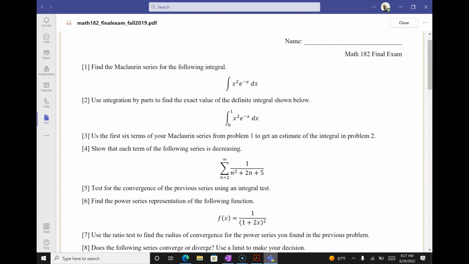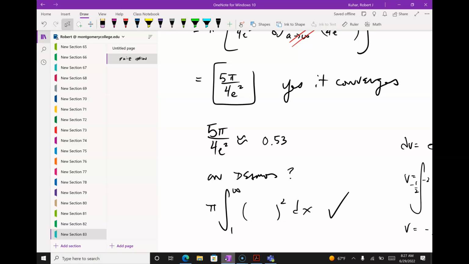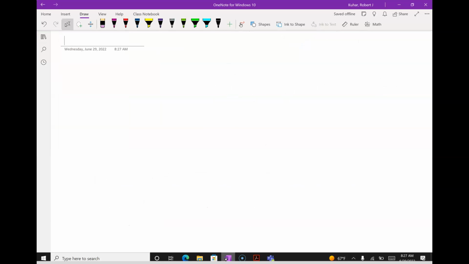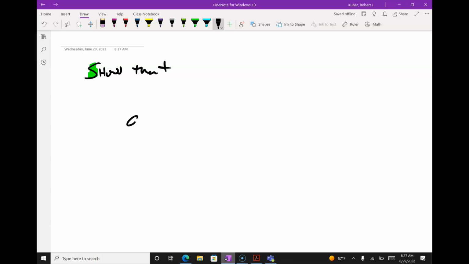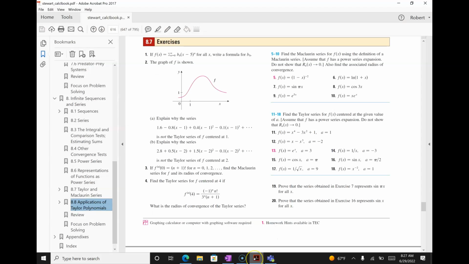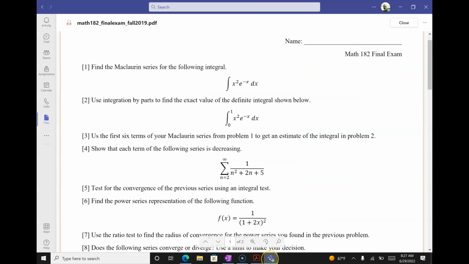So we've got the series from n equals 2 to infinity, with n squared plus 2n plus 5.